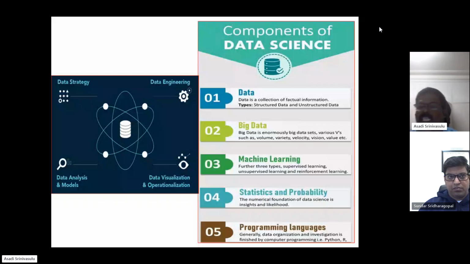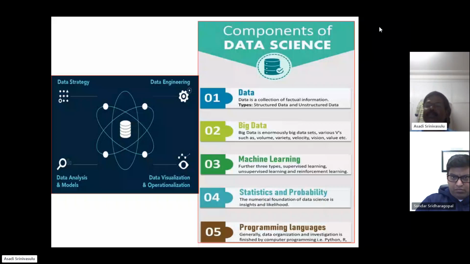Supervised learning means there is a label, there is a target class, and we are classifying the data based on that label. In unsupervised learning, there is no label, there is no target class, but I would like to classify the data based on the similarity measure.